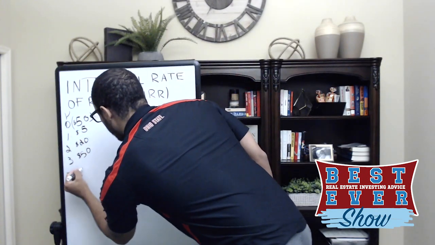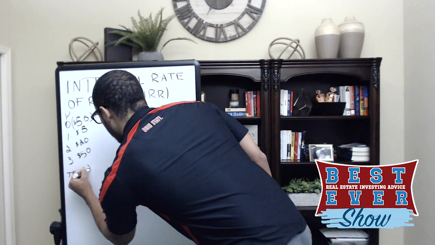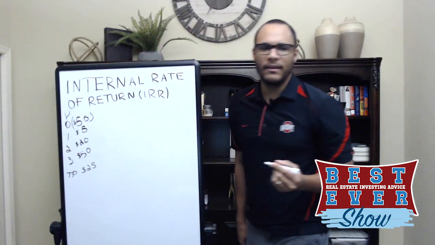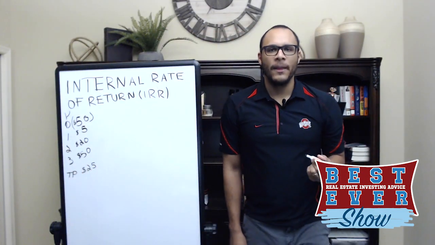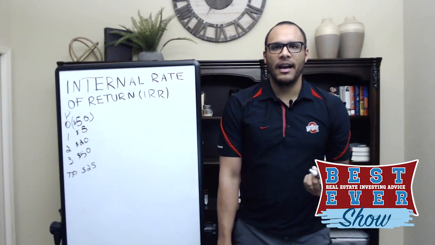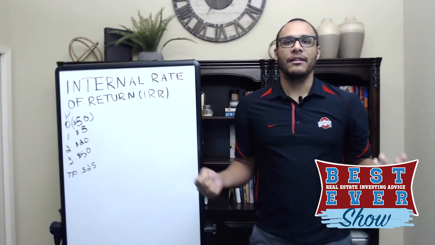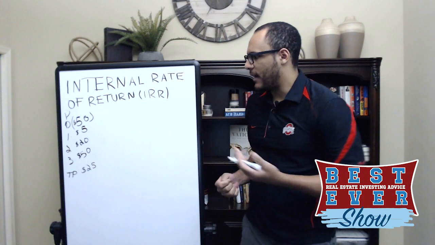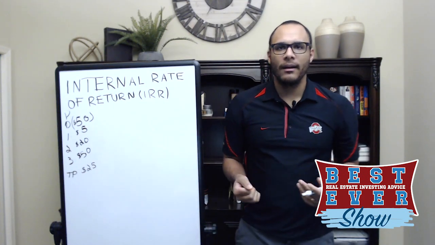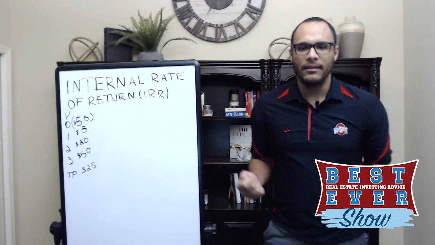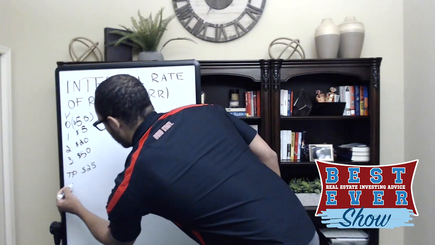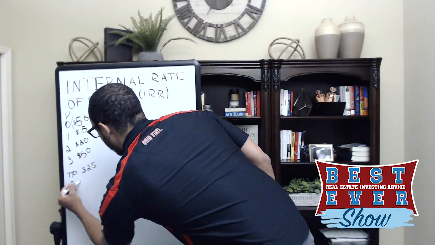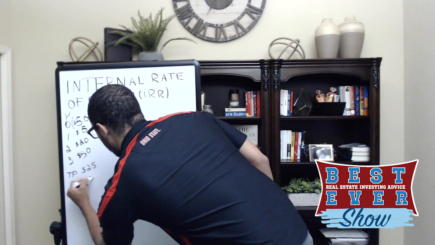That's $25 in total profit. If you're doing just an overall cash on cash return, you invested $50, you got $25 back. 25 divided by 50 is 50%. So in this case, the cash on cash return would be 50%.